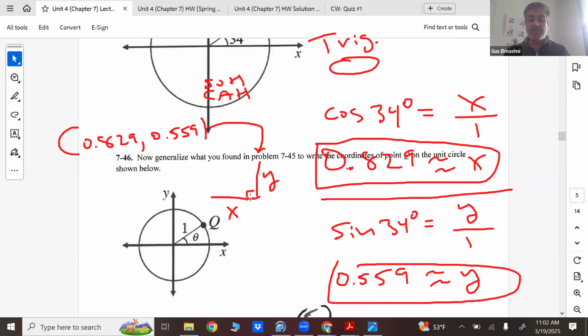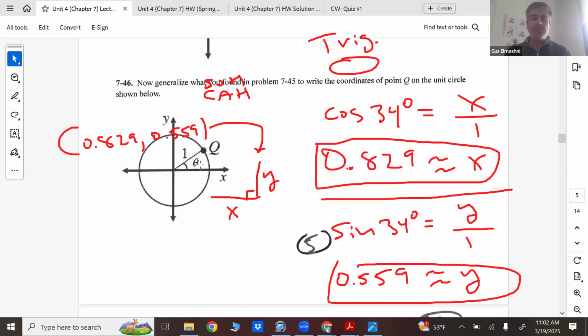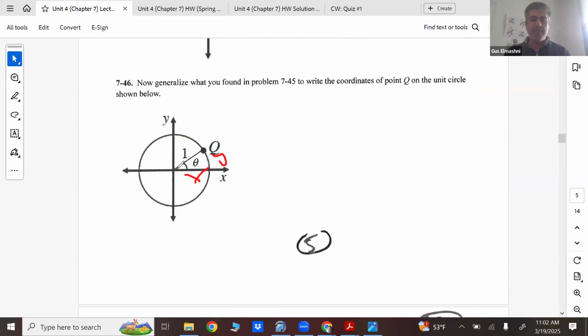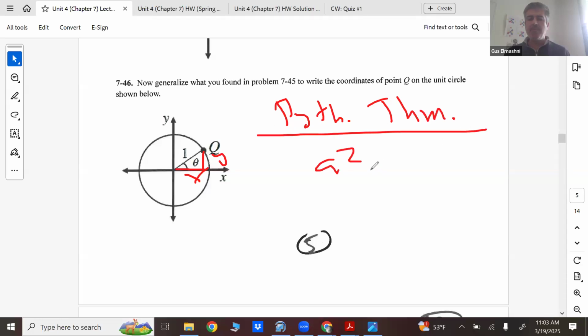Now, how do we generalize this? I'll call this X and this Y. Sine theta equals y over 1, and cosine theta equals x over 1. What famous theorem am I writing here? The Pythagorean theorem, a squared plus b squared equals c squared.